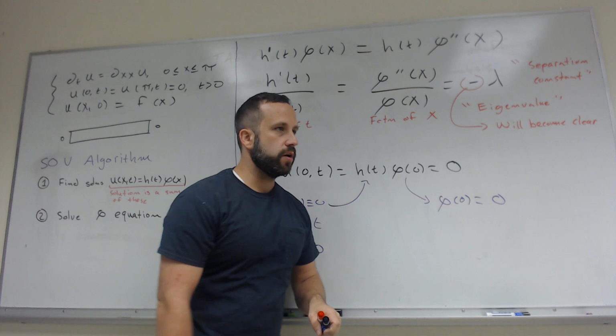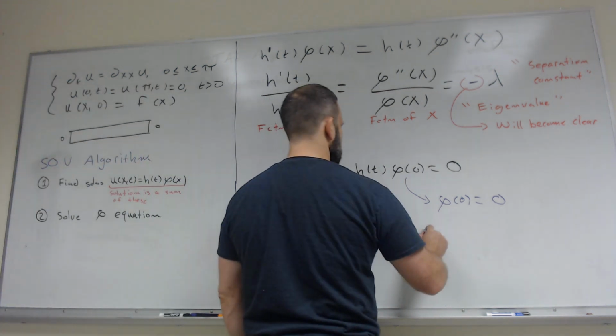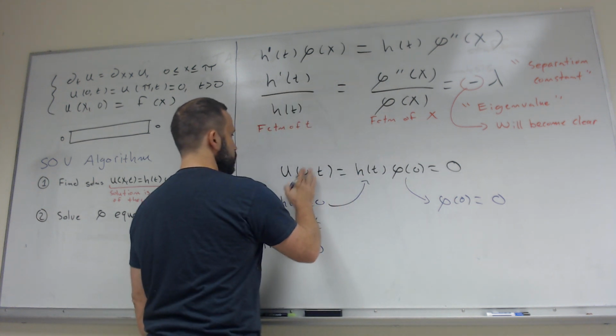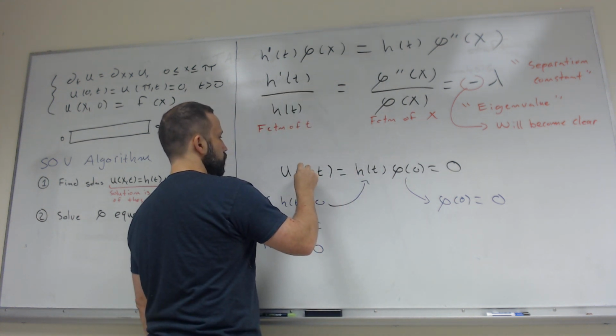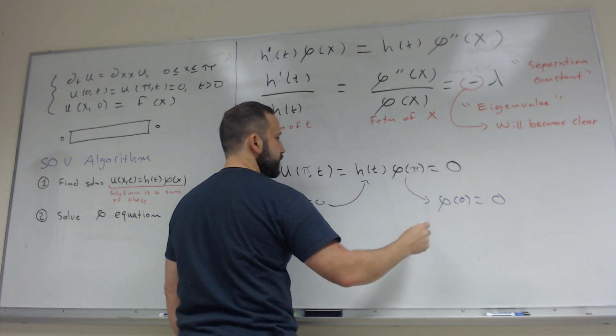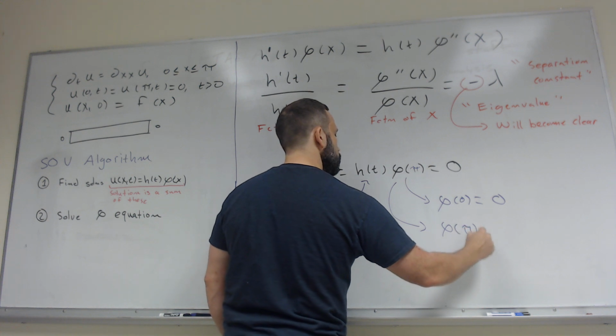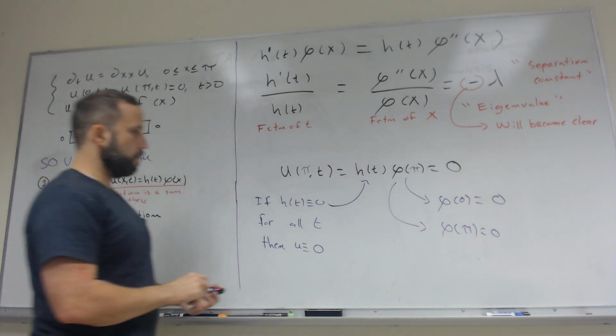If h of t is not equal to 0, it means phi of 0 is equal to 0. And similarly, if you replace the 0 with a pi, the same idea implies phi of pi is equal to 0.